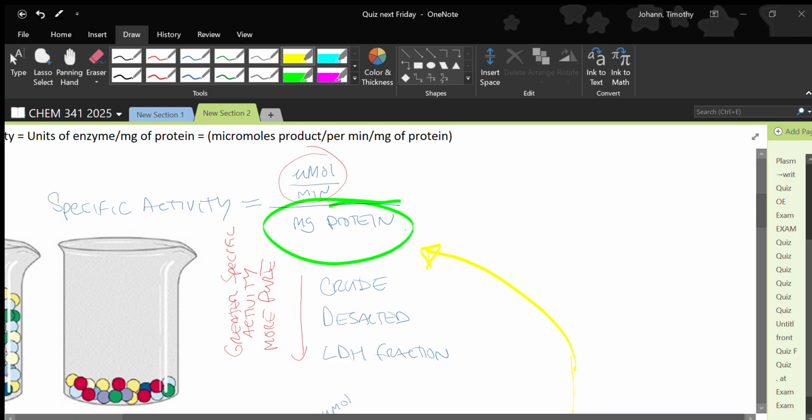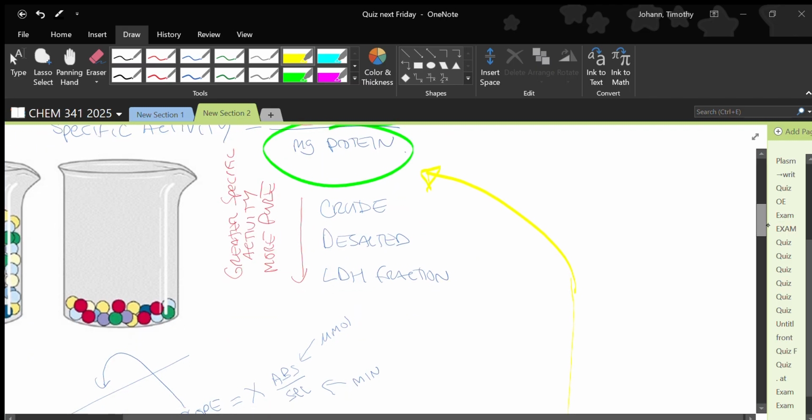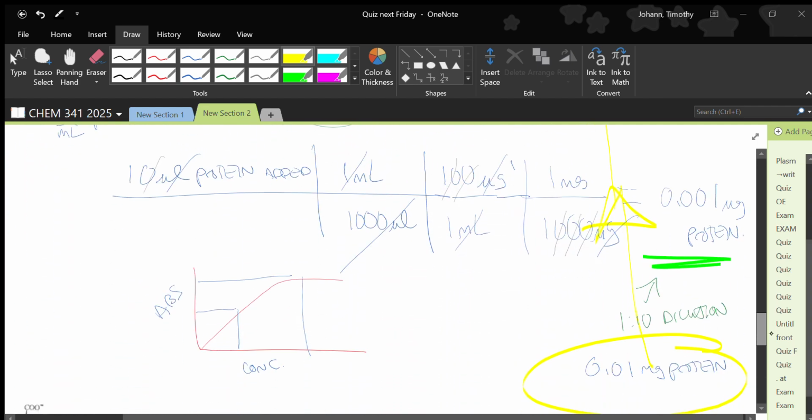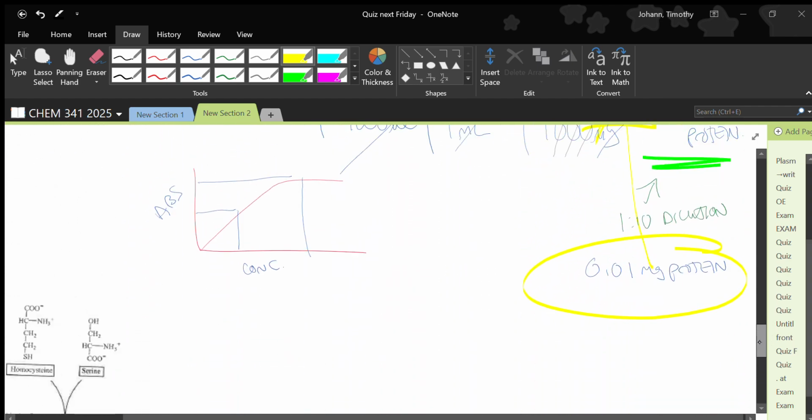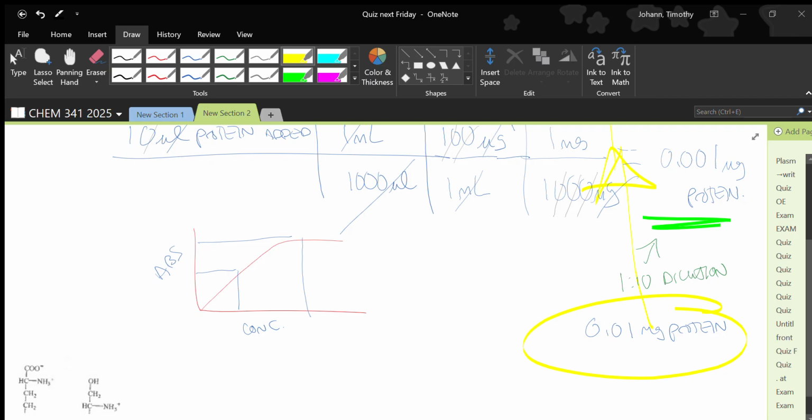Yes? So to find specific activity for the first part, we used the slope and did all those conversions. Mm-hmm. And then for the milligrams of protein, how do you pick which value? Which of the dilutions, or which value from the graph to use for the milligrams of protein? So from the graph, it isn't off the graph. You got an absorbance, you have 3 absorbance values, 1 for each of those dilutions. So let's say it's your LDH. You did an undiluted, you did a 1 to 10, and you did a 1 to 100, right?